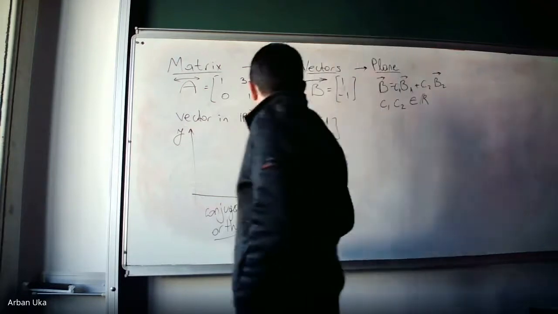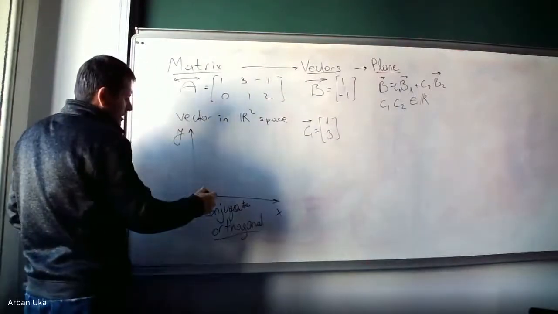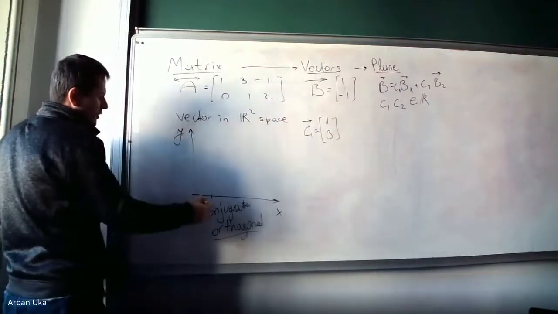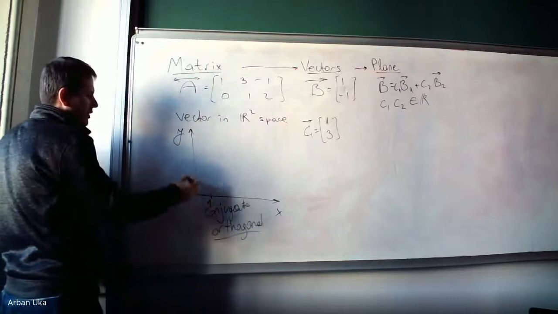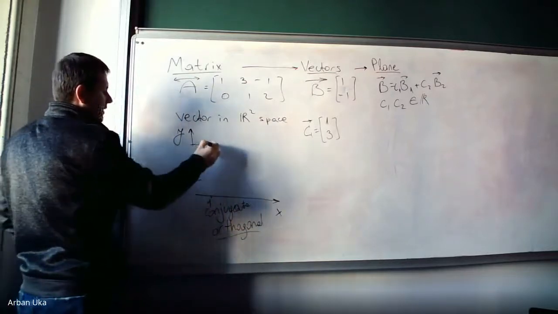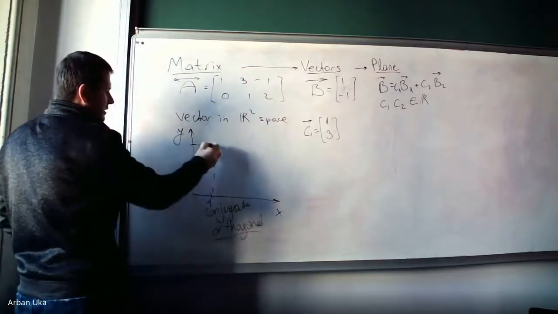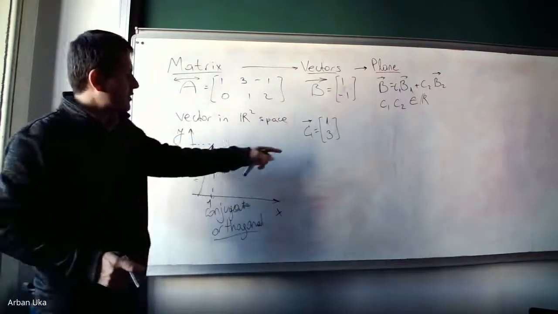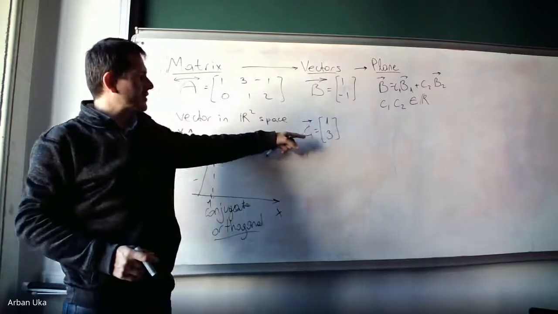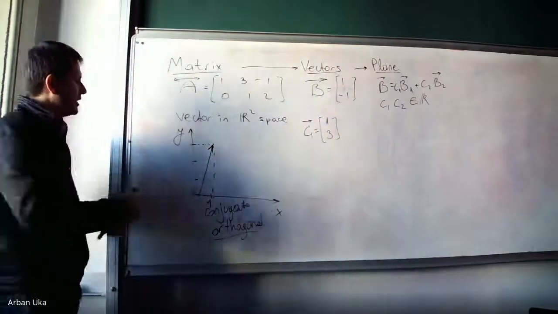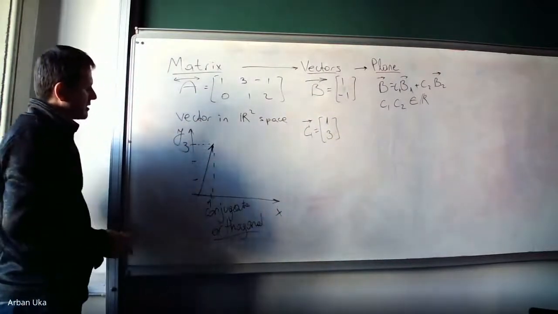So this is a vector of 1, 3, and here we have 1 unit along the x-axis. Here we have 1, 2, 3. So this is a pair of numbers which constitute a vector, and it can be shown in the Cartesian coordinate system like this.